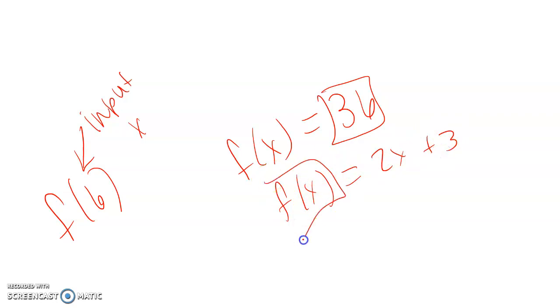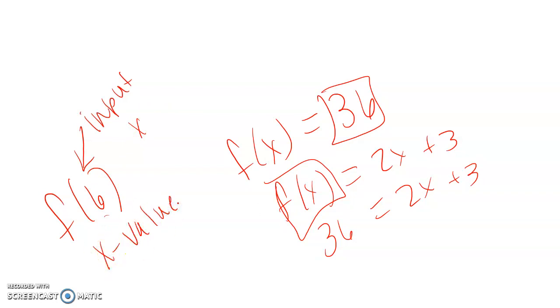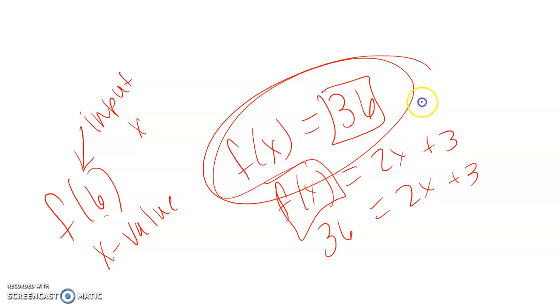So I would get rid of f of x and say 36 equals 2x plus 3. On a graph, I want you to know when it gives you this, that's your x value, and you're finding y. When it gives it to you like this, that's your y value, and you're finding x.